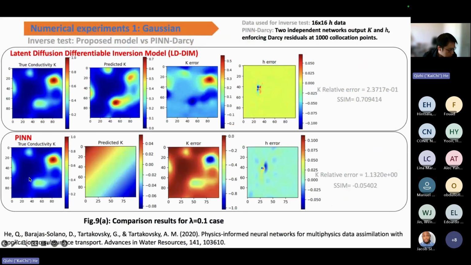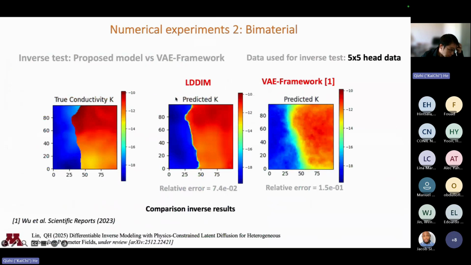We also compare to the previous work I did using physics-informed neural networks. You can see that with physics-informed methods, given this super sparse measurement, you don't get any reasonable inversion result. But with this new framework, we are getting a relatively realistic result. And we have more examples.